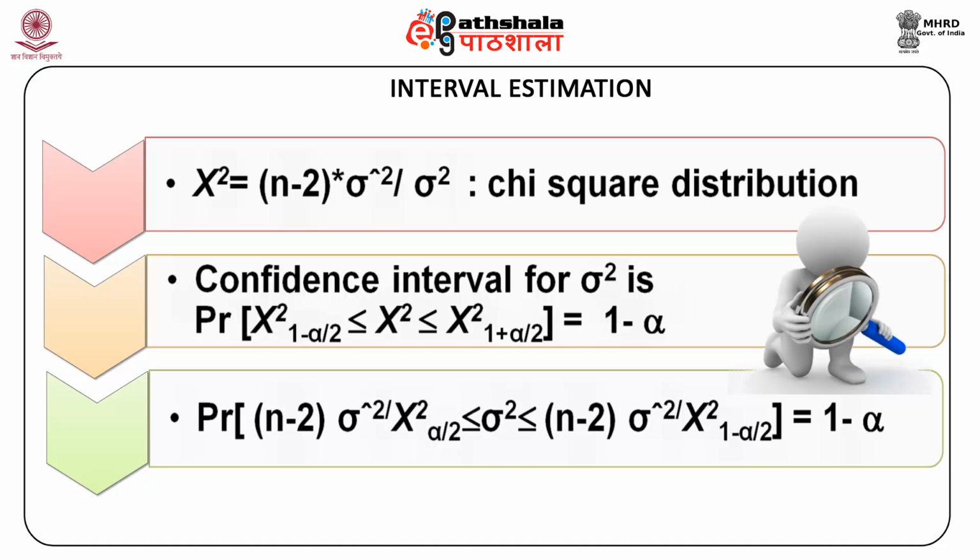Pr[(n minus 2) sigma hat squared divided by chi-square alpha divided by 2, which is less than sigma squared, which is less than (n minus 2) into sigma hat squared divided by chi-square 1 minus alpha divided by 2]. The whole thing should be equal to 1 minus alpha.